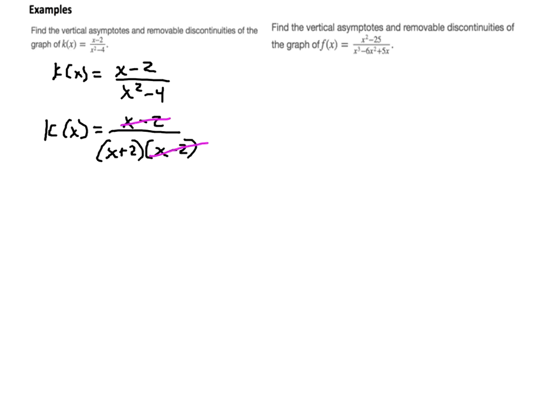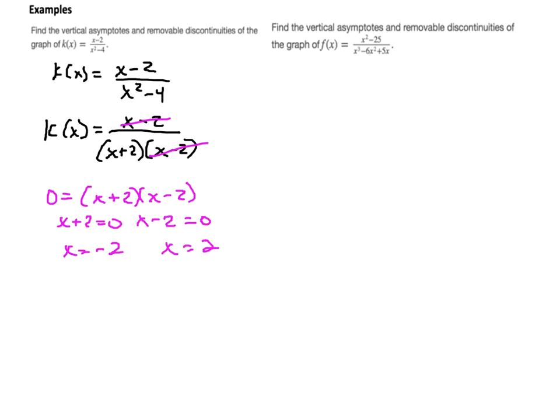Notice I can divide that factor of x minus 2 out. So 0 equals x plus 2 times x minus 2, so x plus 2 equals 0, x minus 2 equals 0, here x equals negative 2, here x equals positive 2. But because I could divide that factor of x minus 2 out, this is just a hole, whereas this is a vertical asymptote.